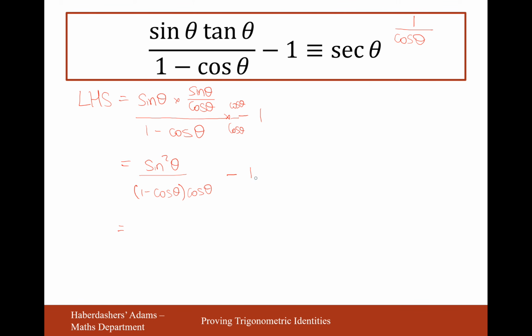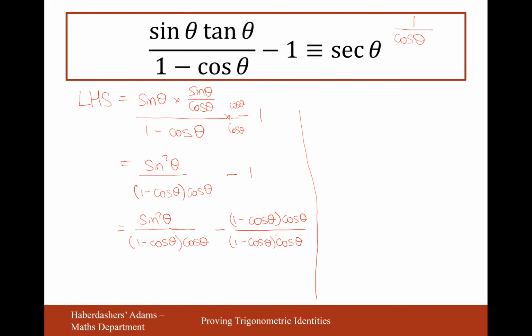So what we'll do is we'll bring this 1 into play now. To combine it with what we've already got, we need it to have the same denominator. So it's going to be 1 minus cos theta on the bottom here. So that's exactly what we're going to get over here. We're going to do 1 minus cos theta times cos theta over 1 minus cos theta times cos theta.